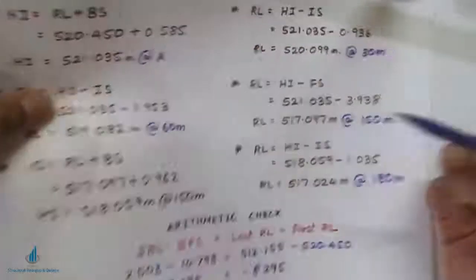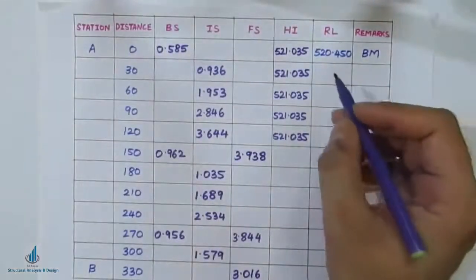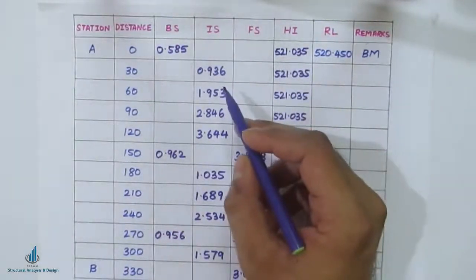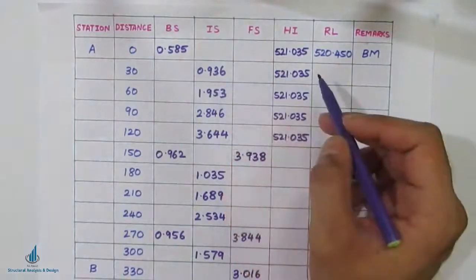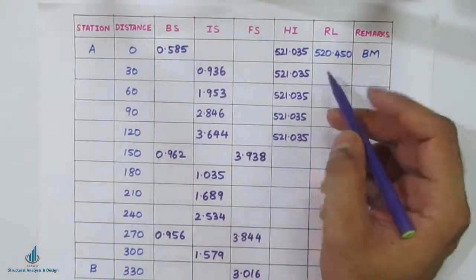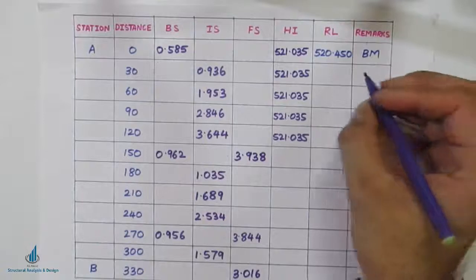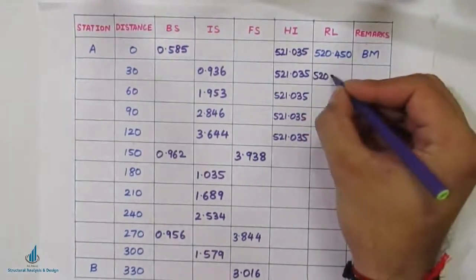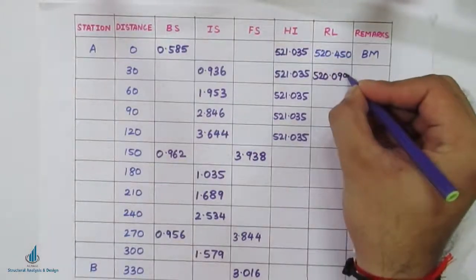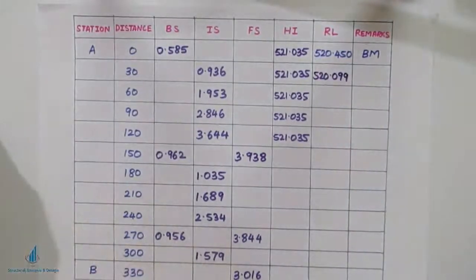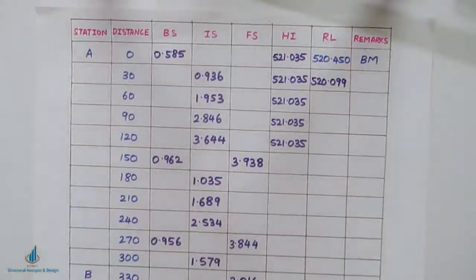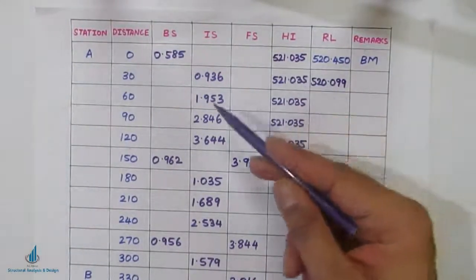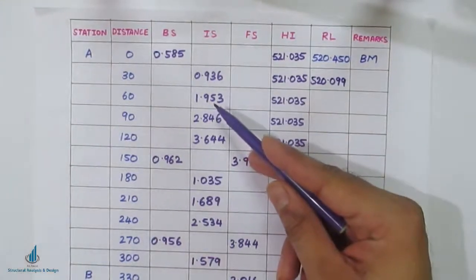So this, 521.035 minus 0.936, you will be getting the reduced level as 520.099 meters. So write down here .099 meters. So again you have to take this HI 521.035 minus 1.953.